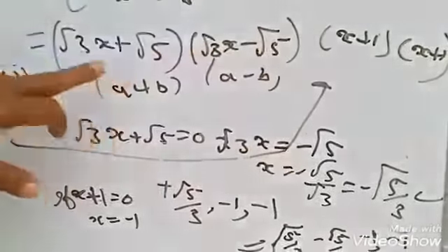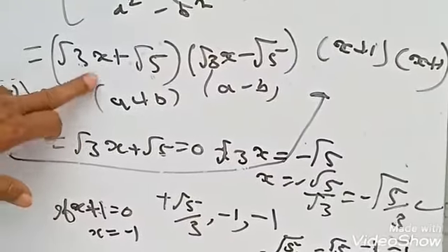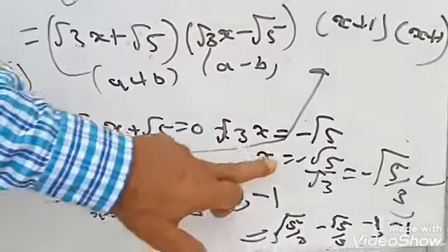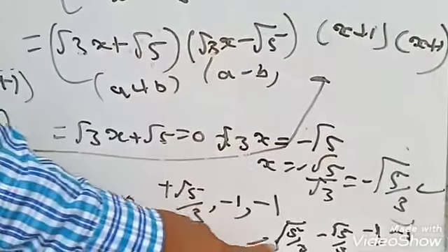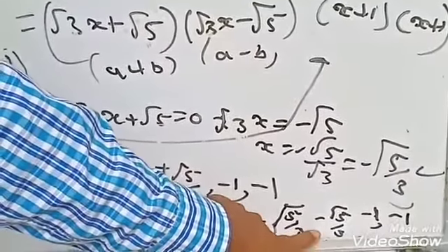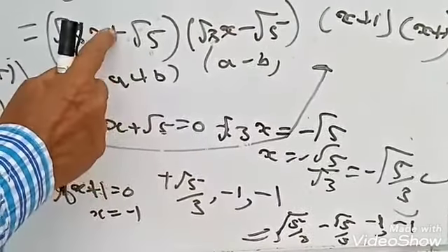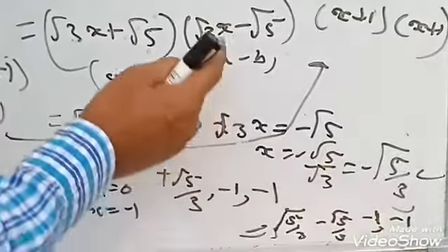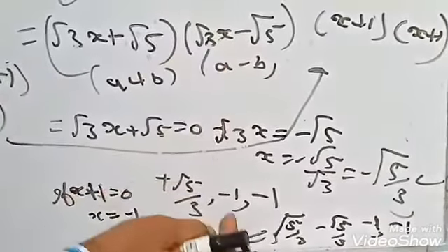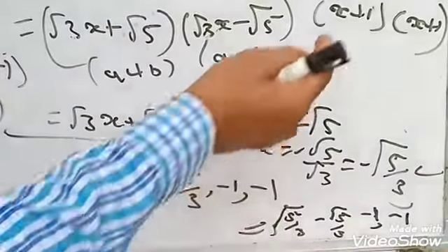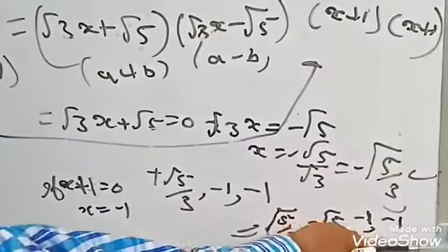From here see, if this is equal to 0, the value will be minus root 5 by 3. If this is equal to 0, then the value will be root 5 by 3. And when this is 0, value will be minus 1, and when this is 0, the value will be minus 1.